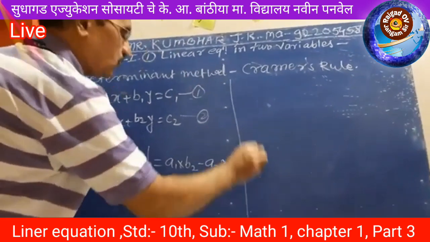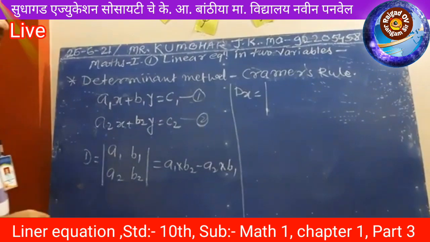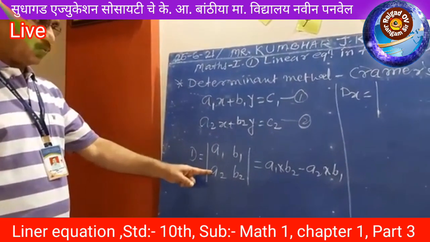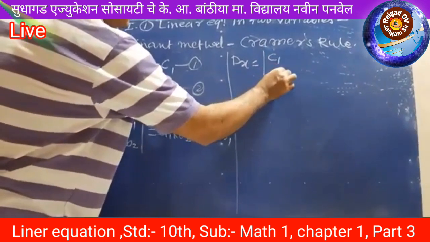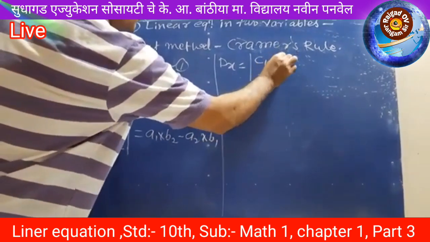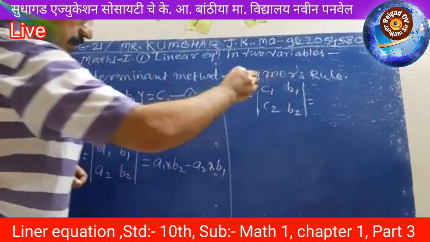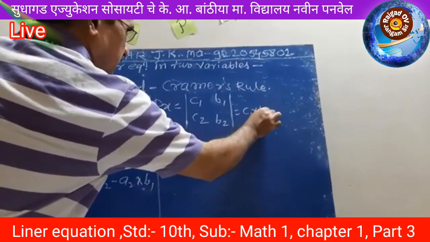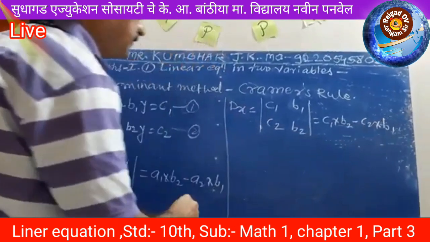Now we are going to find Dx. For finding Dx, except a1 a2, write there c1 c2, and b1 b2 as it is. Again cross multiplication: c1 into b2 minus c2 into b1.